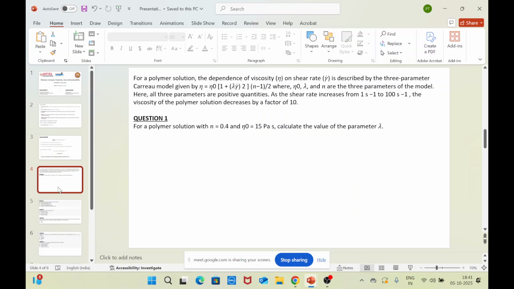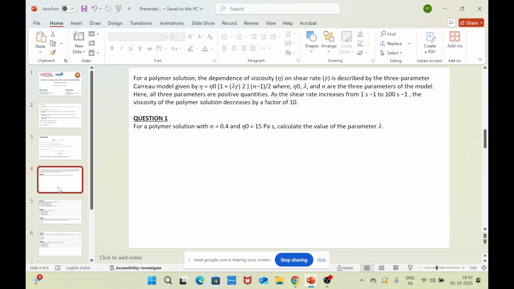So this is the three parameter model, eta naught, lambda, n. We are given the values of eta naught and n, and we are asked to calculate the value of lambda. What else we are given is the three parameter model relationship, and also the information that when the shear rate increases from 1 to 100, the viscosity of the polymer solution decreases by a factor of 10.